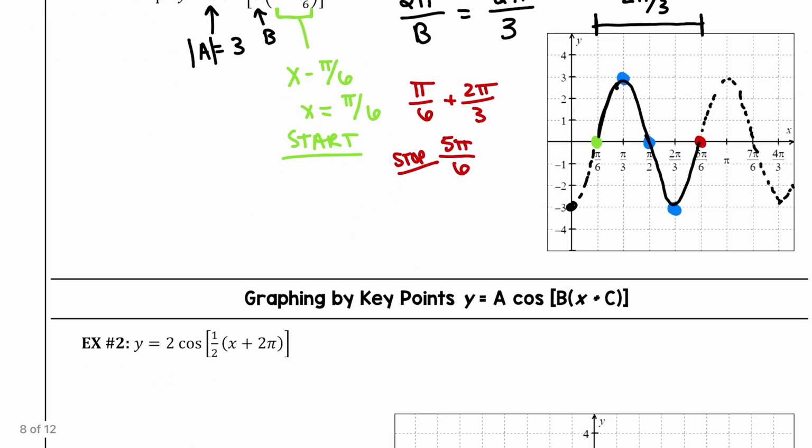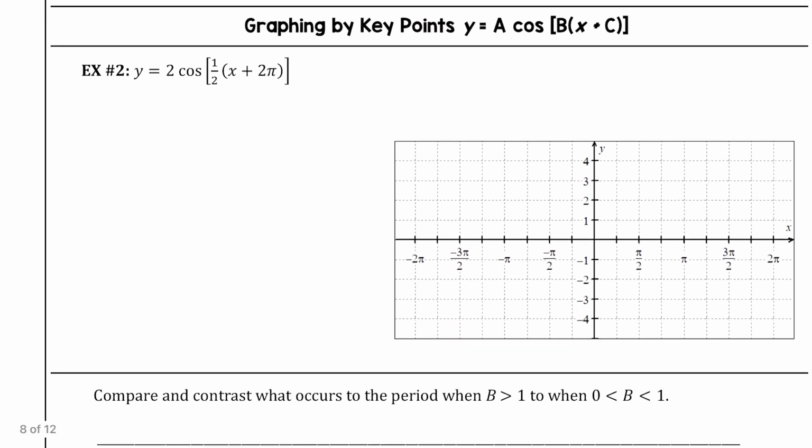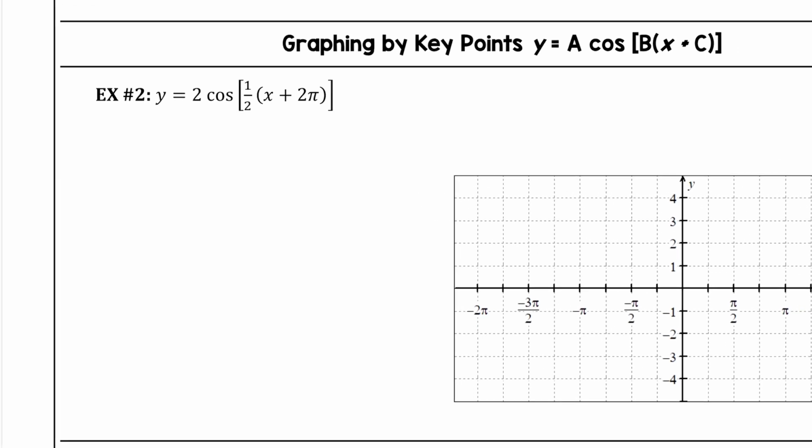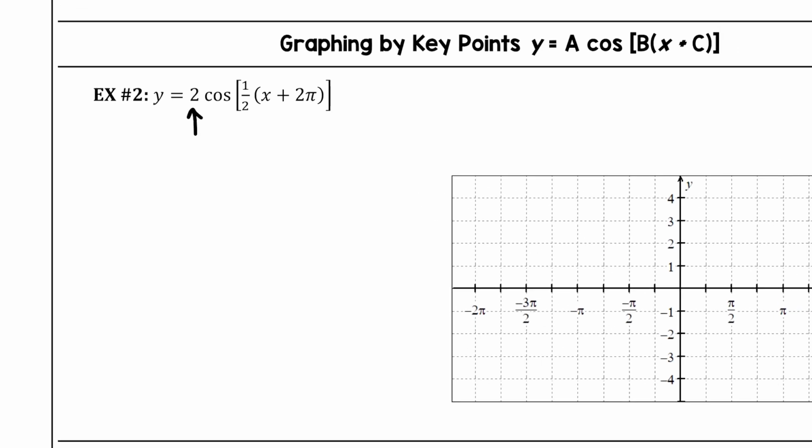All right, and now we're going to switch over to a cosine graph. So same situation, except now we just have to remember our rules for cosine. Let's find out what we do know, what we're familiar with. There's a 2 right there, so that means our amplitude is going to be 2. And then let's figure out what our period is.